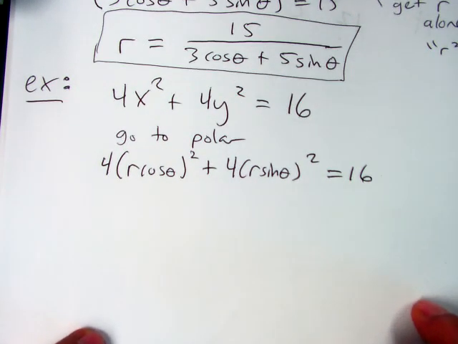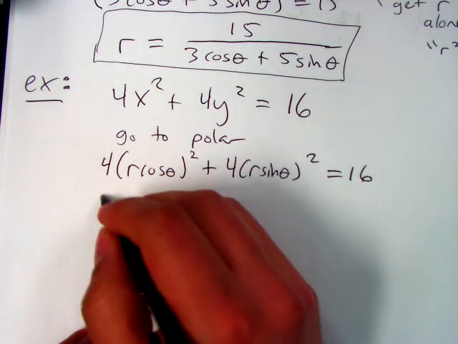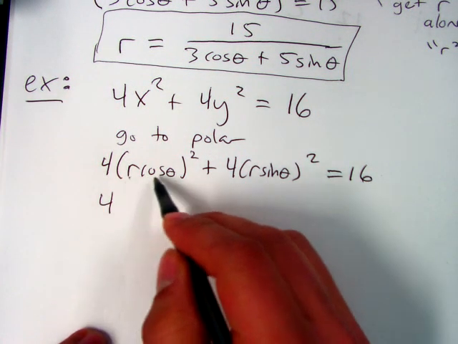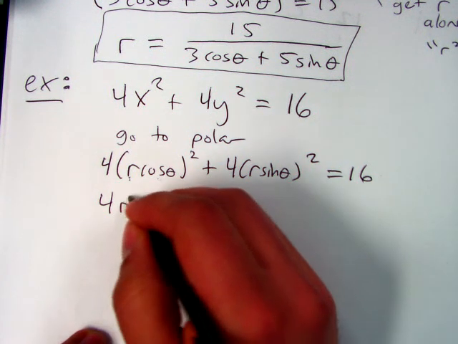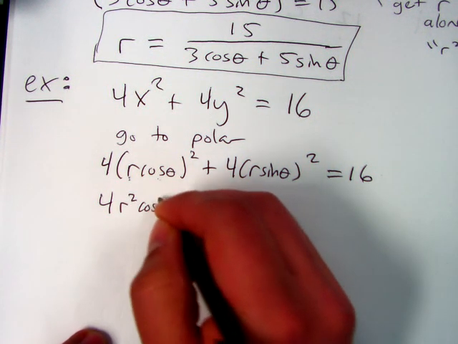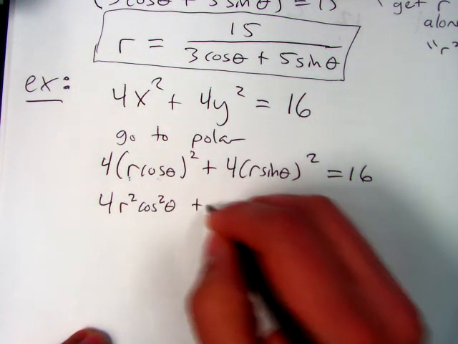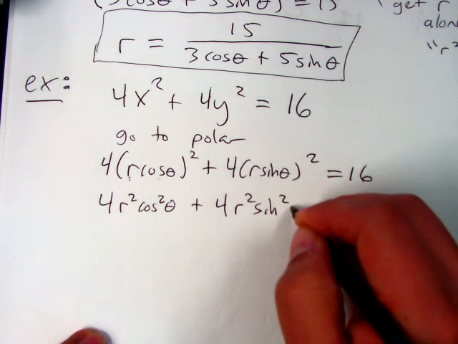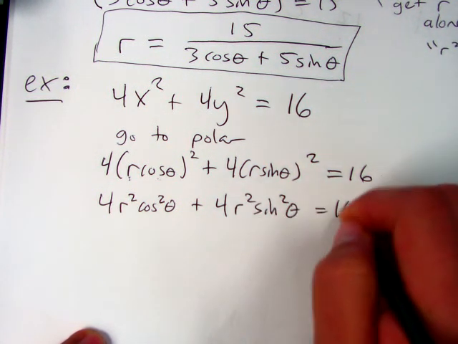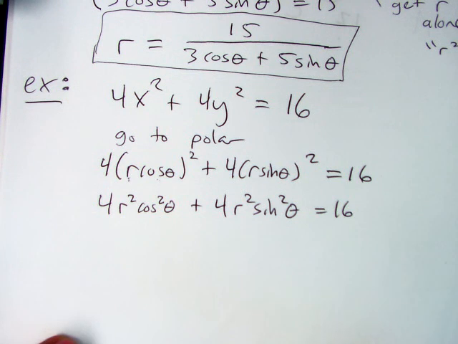So far, so good? Okay. So then we have 4. This is two things being multiplied together. We got to square them both. So 4 r squared cosine squared, and then plus 4 r squared sine squared. Think along the lines of the last problem.